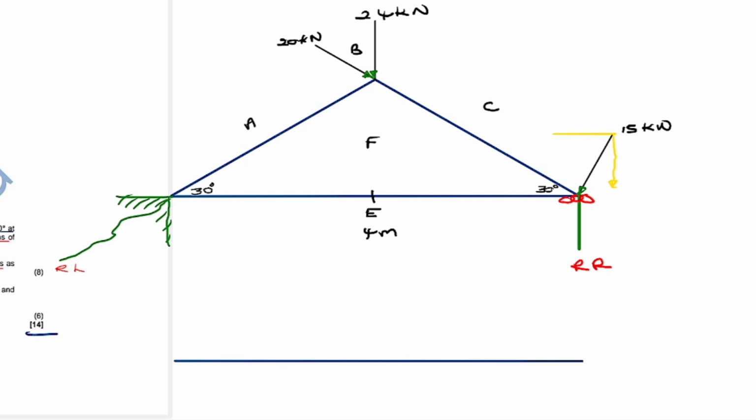Here we also have a vertical and a horizontal component like this, and then here we also have a horizontal component like this. So this is for both the wind loads that we have. Same here with the hinge, but we will discuss the hinge after this side. So we also have the horizontal and the vertical component, right?